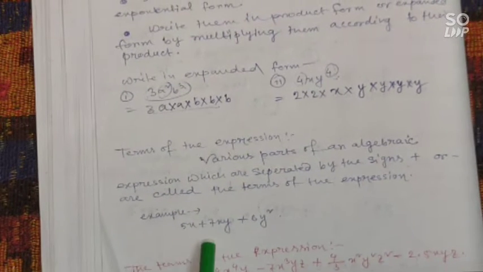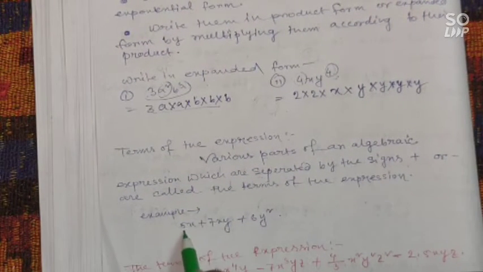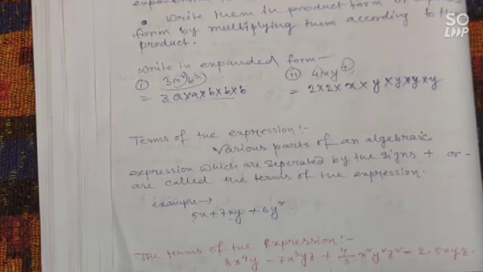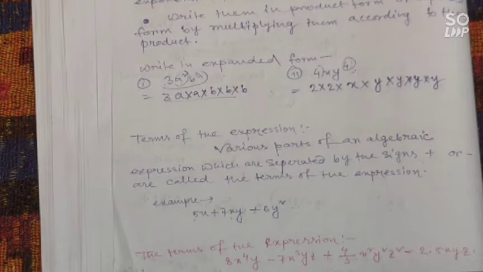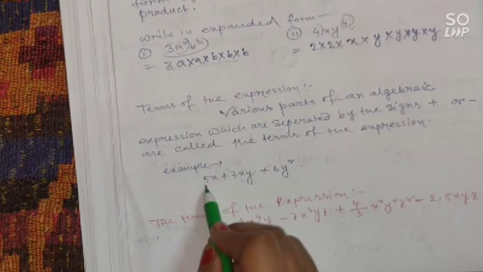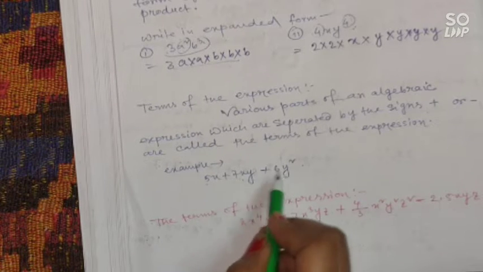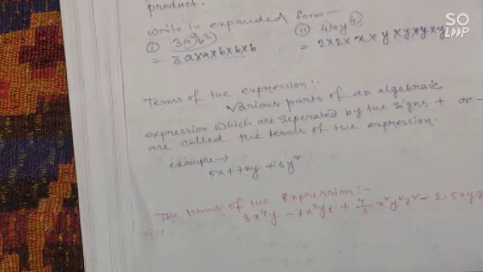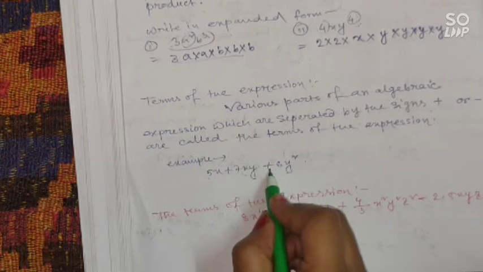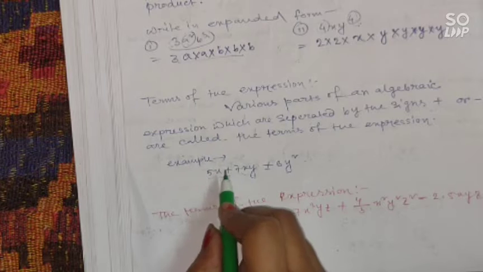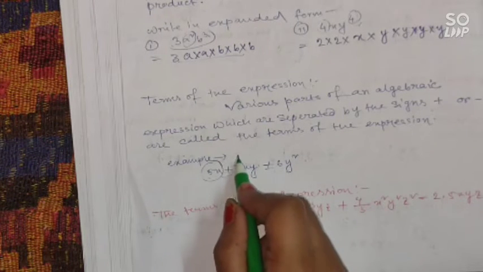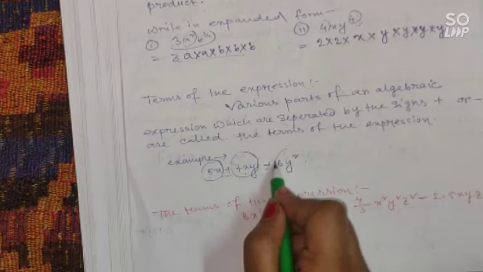Suppose here I have written an algebraic expression 5x plus 7xy plus 6y square. Can you tell me what are the terms of this expression? Various parts are 5x, 7xy, 6y square, but which terms are separated by plus or minus sign? So 5x, then plus 7xy, then 6y square.